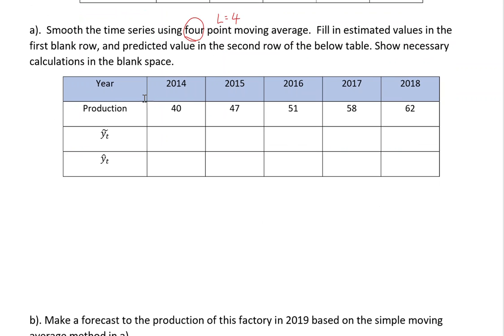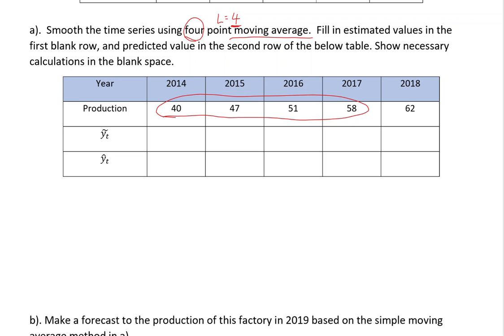All right, okay, so we use the moving average method, right? For the moving average method, to get the estimated value, we need to average the 4 values and then move to the next one, right? To get the first estimated value, you are averaging these 4.